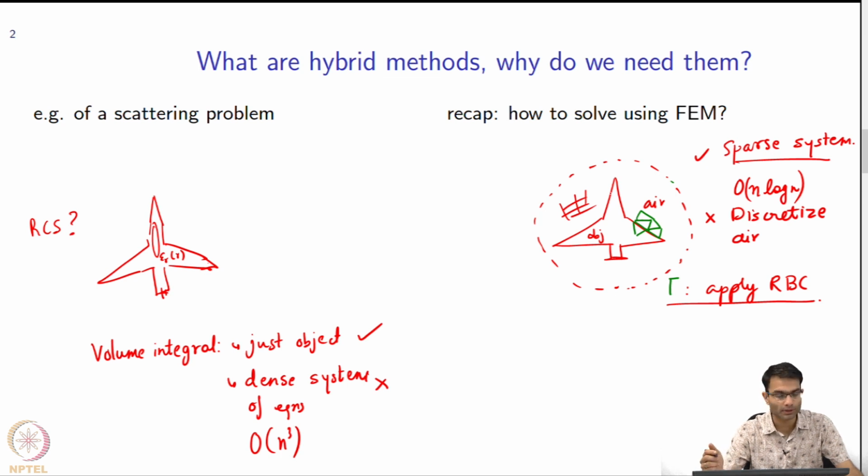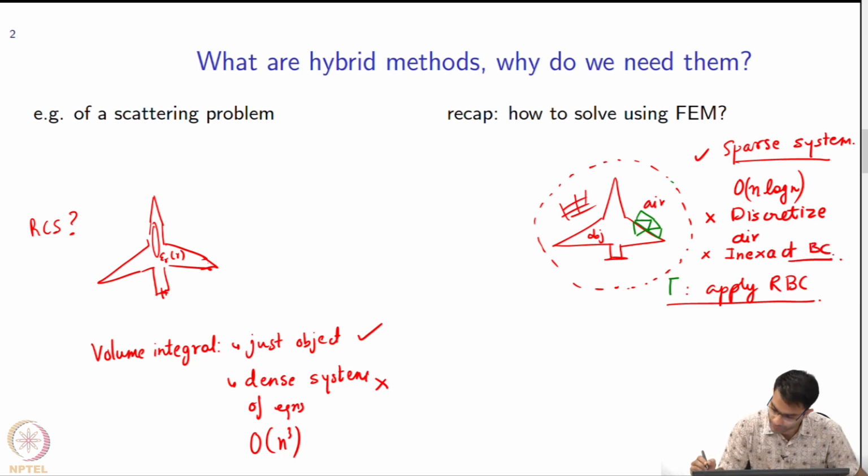What is the problem with the radiation boundary condition? Correct, right? Our boundary condition which we derived was exactly true when the wave hits it head on. But if a wave hits it at some angle, we have seen that the error is non-zero, right? So apart from discretizing air, I have the problem of an inexact boundary condition.